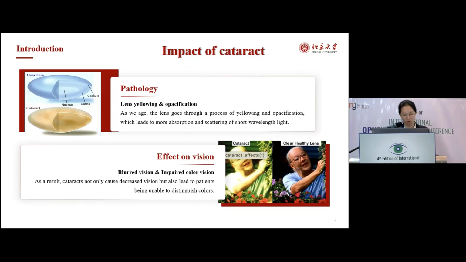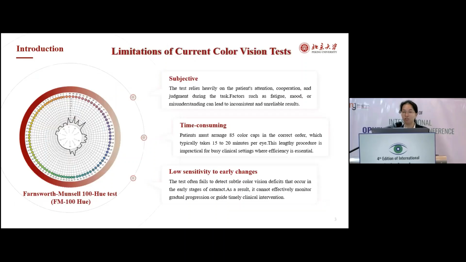Now, how do we currently assess color vision in clinical settings? One widely used tool is the Farnsworth-Munsell 100 hue test. This test requires patients to arrange color caps in order of hue. While it provides a detailed assessment of color discrimination, it has significant limitations. First, it's subjective.